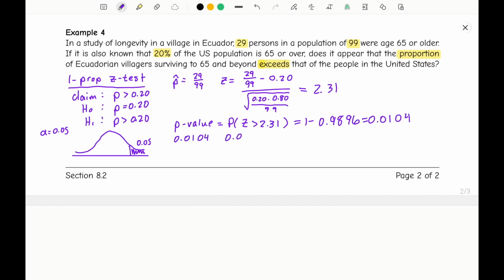Now I take that value and compare it to alpha. Since my p-value is less than alpha, we reject the null hypothesis.